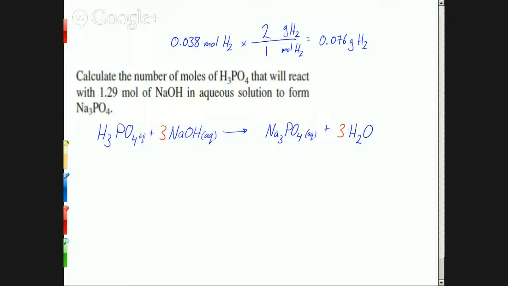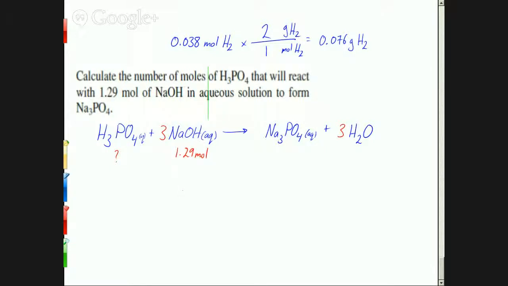We can start dealing with these other types of questions. Calculate the number of moles of phosphoric acid that will react with 1.29 moles of sodium hydroxide in aqueous solution to form sodium phosphate. So how many moles of this do we need to react with 1.29 moles of that?